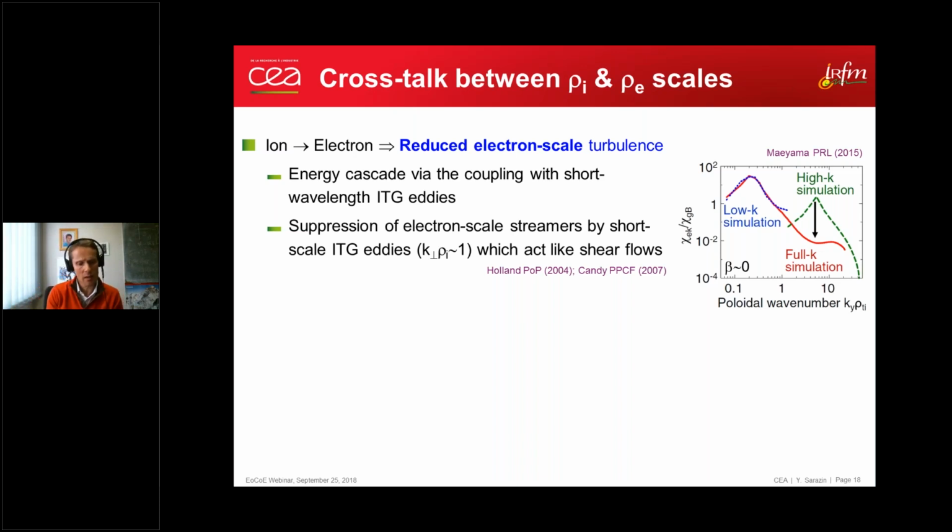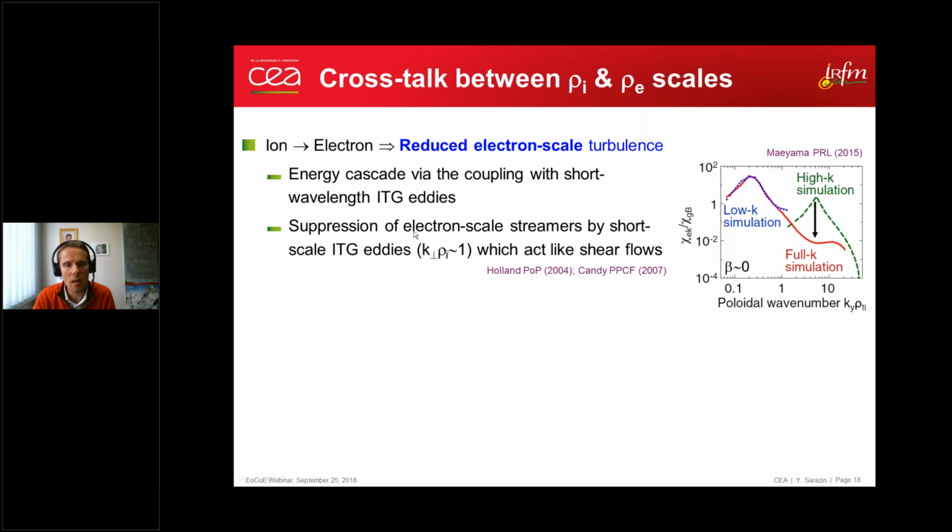When the ion scale turbulence develops, by nonlinear coupling, turbulent fluctuations develop at small scales by what is known as energy cascade towards small scales, and then it can feed the electron scale turbulence. So that's one way, by giving energy to the electron scale. So the ion scale cascades toward the electron scale.